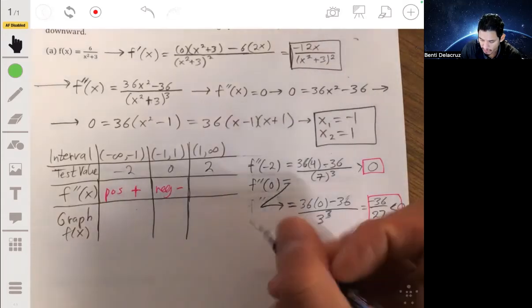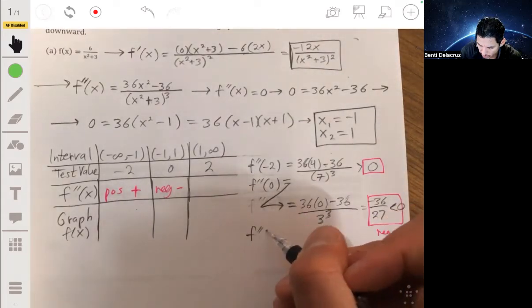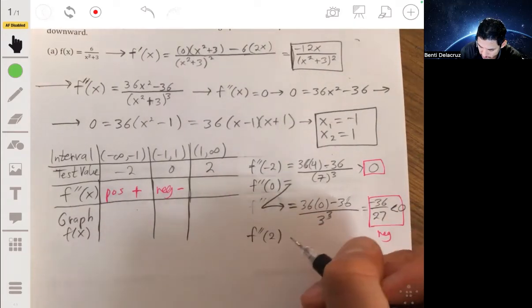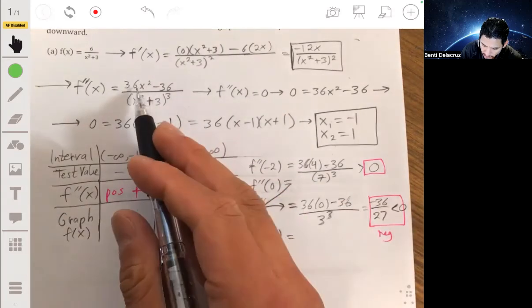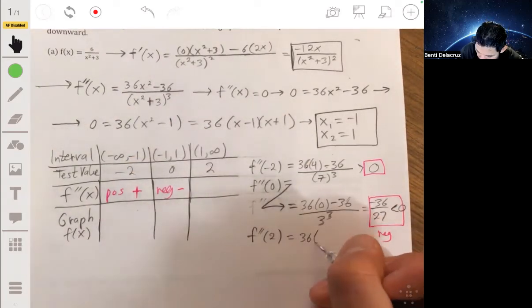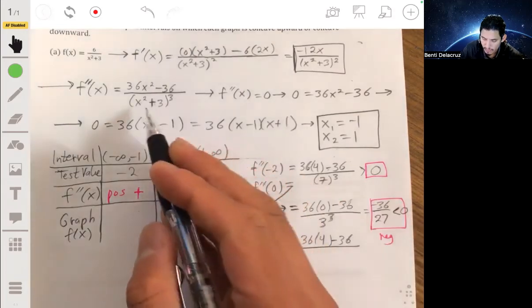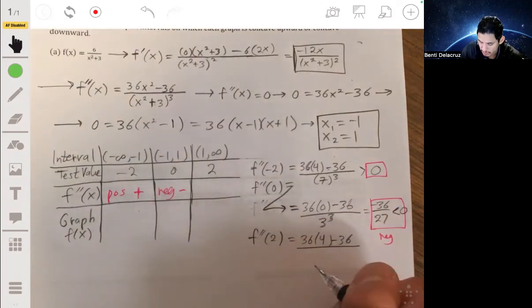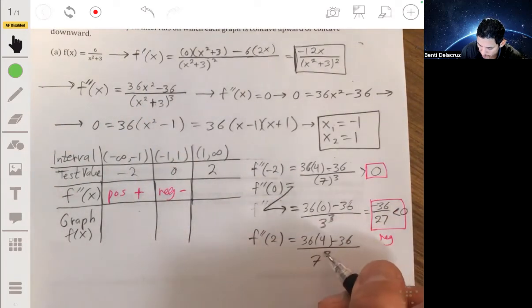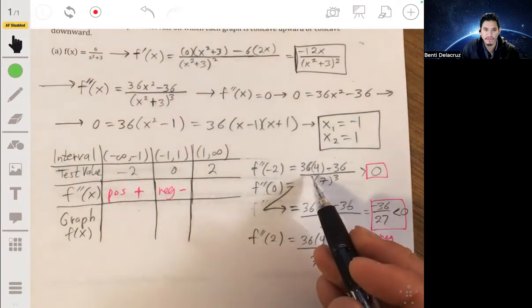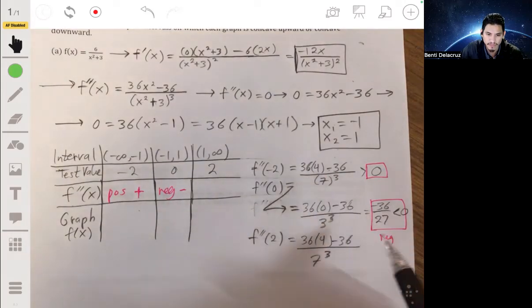And then we figure out what f double prime of 2 is. So 36 times 4 minus 36 over 4 plus 3 cubed, so it's 7 cubed again, the same as what we got for -2, since they both become positive.